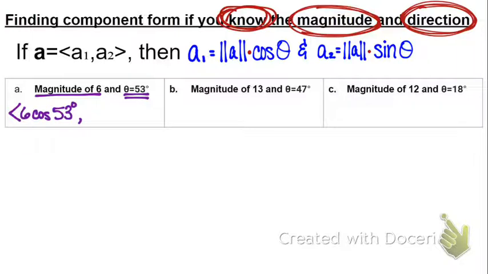And the y part of my component form would be 6 sine of 53 degrees. If I pop those in my calculator, I can see about where they are, but I'm going to have to round them. So unless they're just asking me for component form, I would leave it in its exact form so that I can use it in a problem.